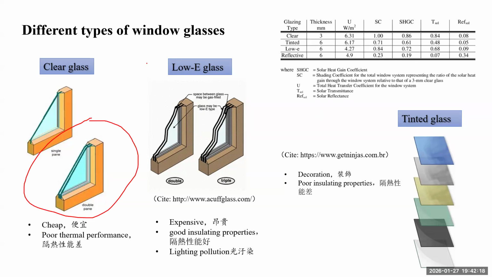For energy efficient glazing windows, I think we are familiar with the low E coating. Low E is a soft coating. The main purpose is to reflect solar irradiance.